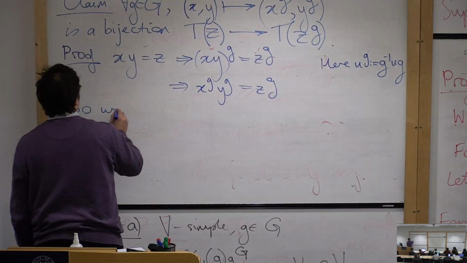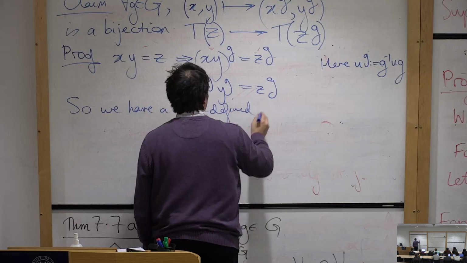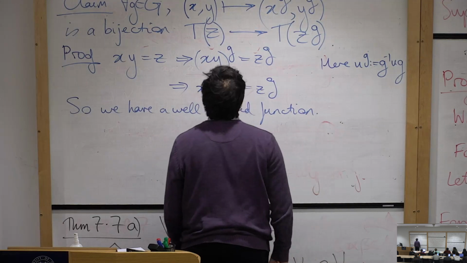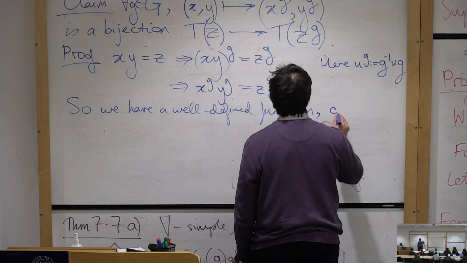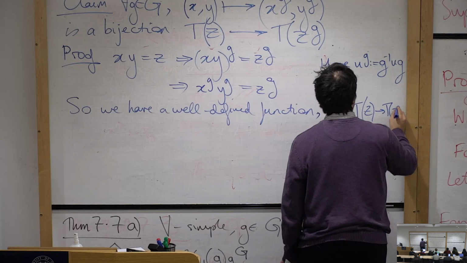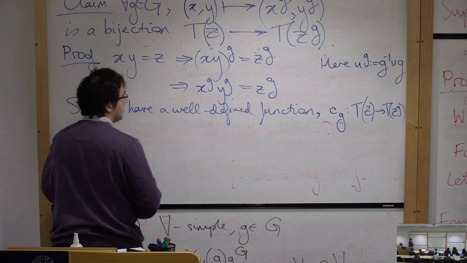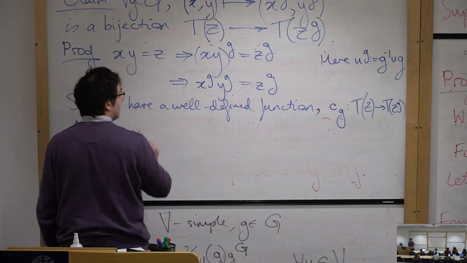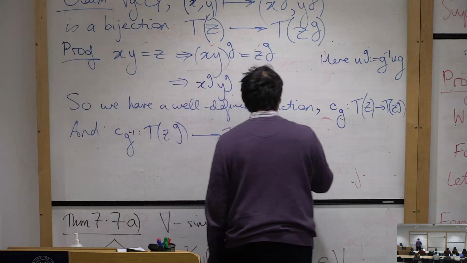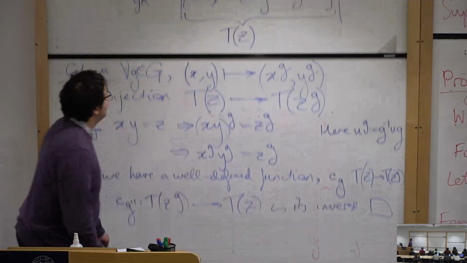So we'll have a well-defined function, called conjugate by G. And obviously, if I apply TG to G inverse, of course the G is its inverse. Okay, I am overkilling this claim. At some point it will become obvious.